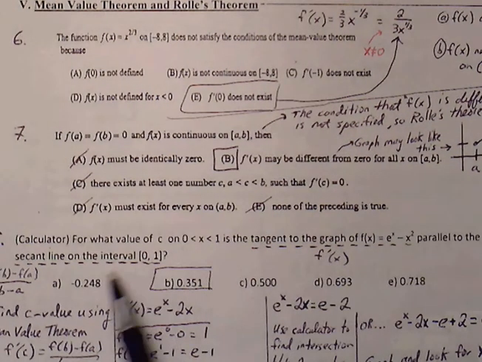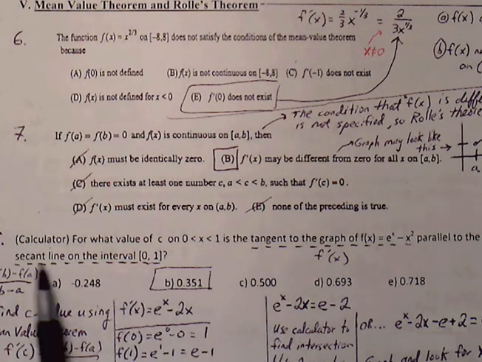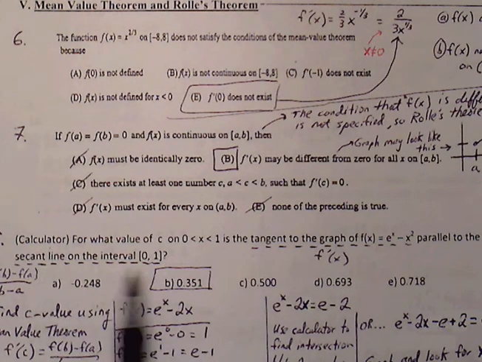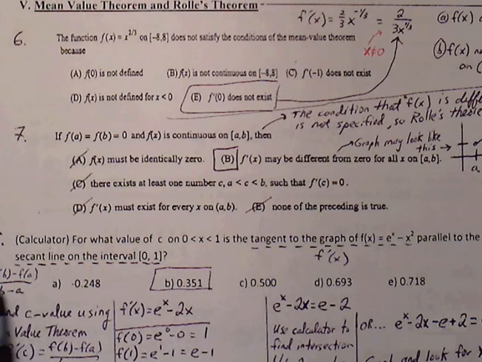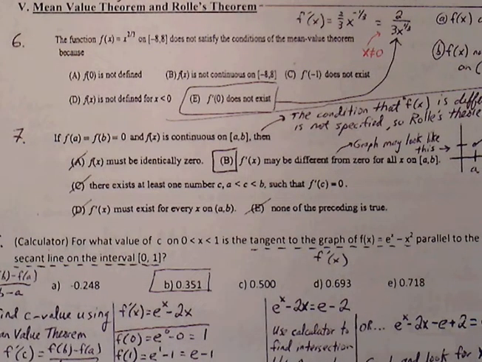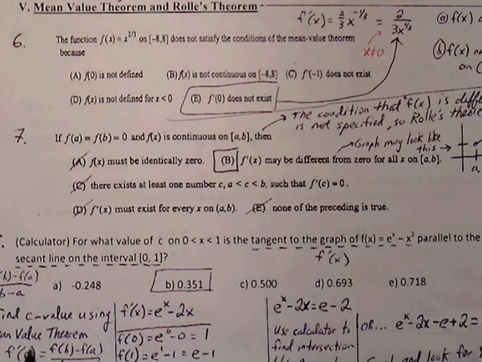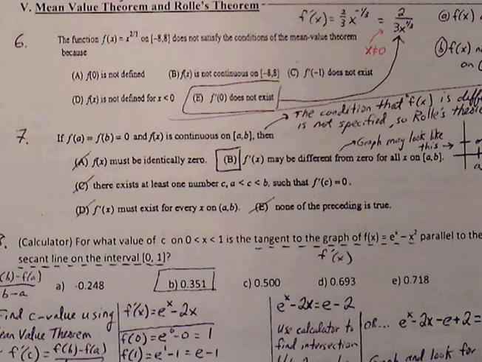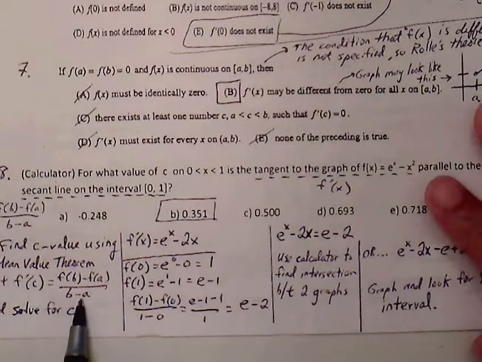The secant line on the interval between 0 and 1 is talking about the slope between the endpoints, so that's f of b minus f of a over b minus a. So we basically need to set up the condition for the mean value theorem and solve for c.